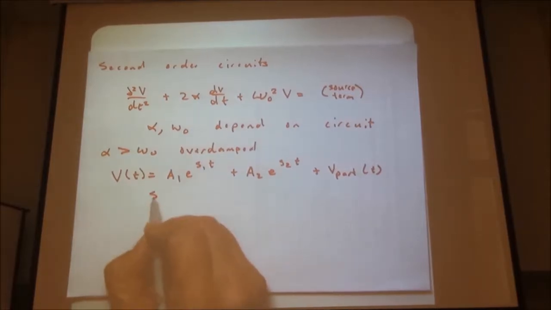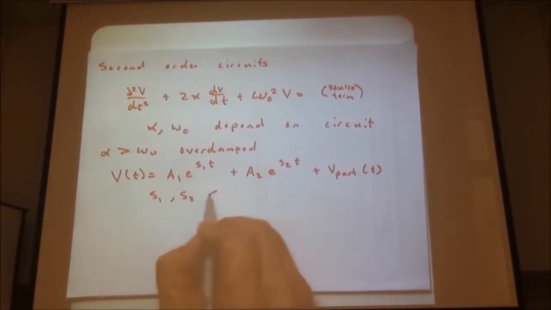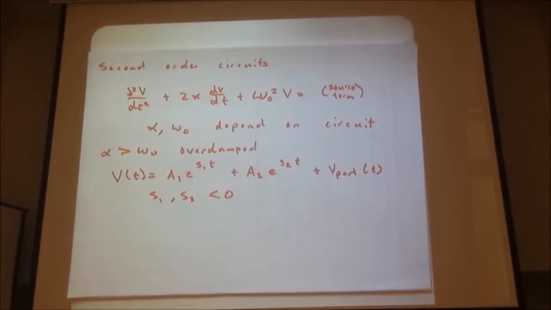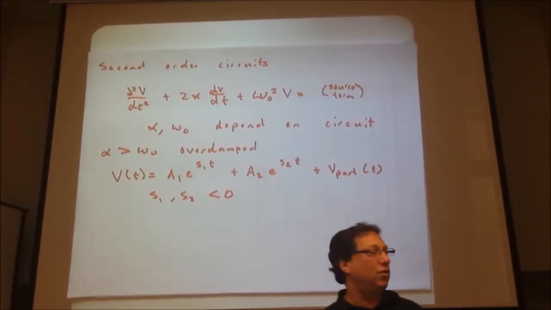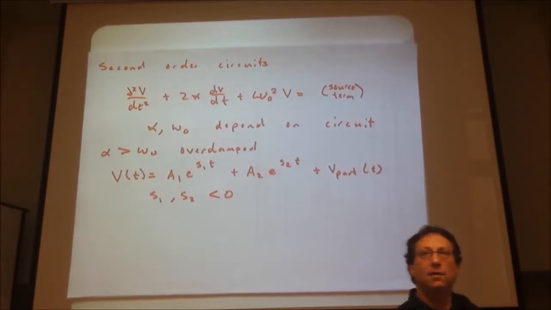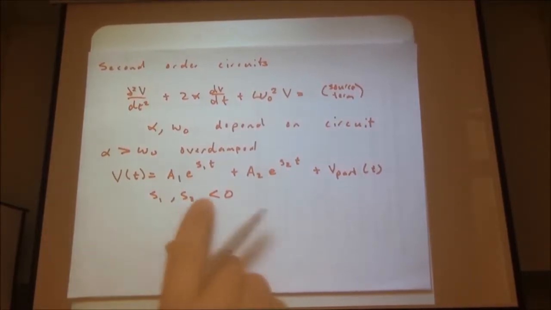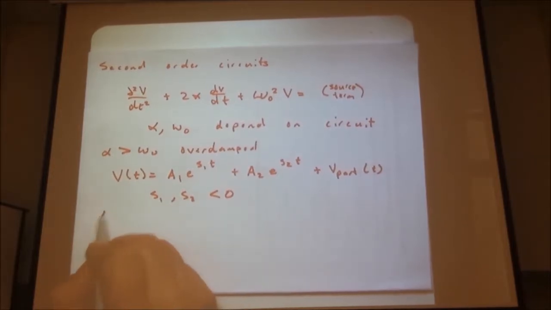Something to remember here, S1 and S2 are less than 0. They are negative. Otherwise, that would be exponentially growing, which would be kind of a cool circuit, but problematic. So voltage exponentially growing would eventually create damage and excitement. So these have to be negative, of course.